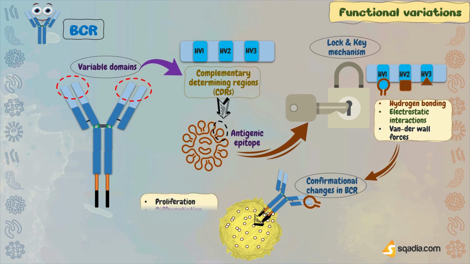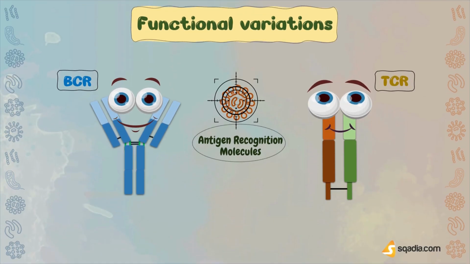These signaling events are crucial for the B-cell to initiate processes such as proliferation, differentiation into antibody-secreting plasma cells, and the generation of memory B cells. So, this was all about the functions of BCRs.